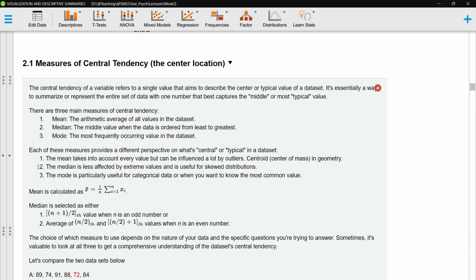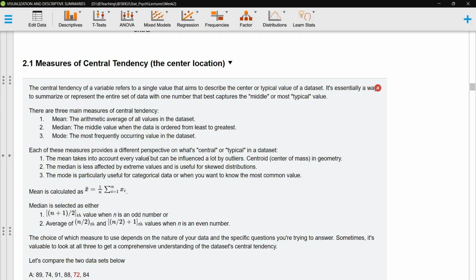For example, the mean takes into account every value, because we sum all the values when we calculate the mean. So that is a good thing. The mean has all the information from the observations. There's no missing value in the calculation of the mean.